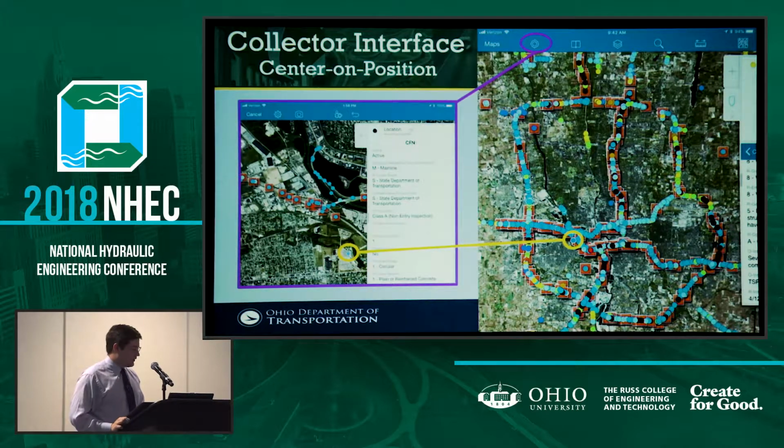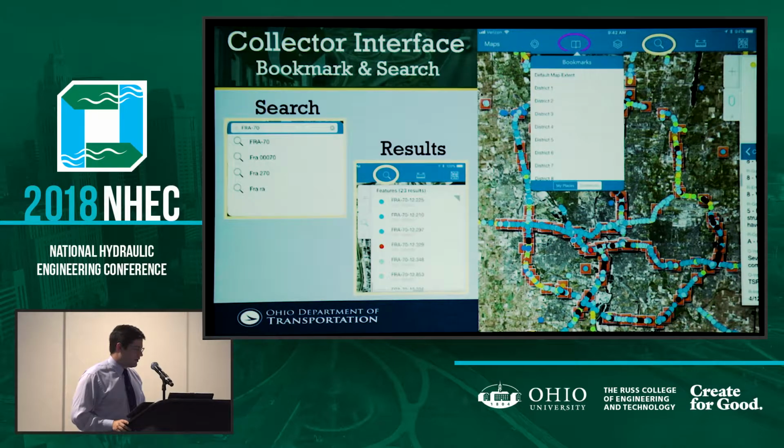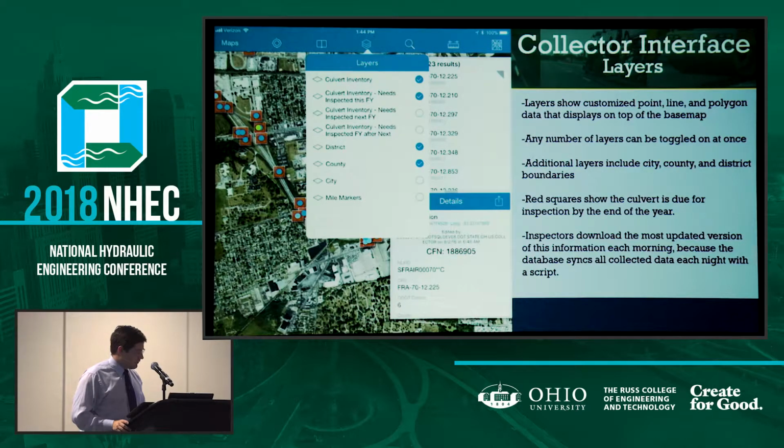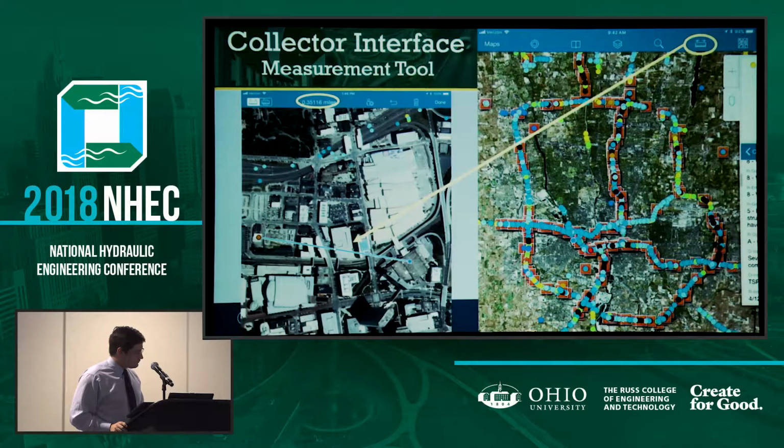Okay, so there's also center on position. I'm just going to show you a couple things that help to aid the inspectors. You can bookmark a location. You can put on extra layers to save time, like that frequency of inspection. So we have culverts that need inspected this year, next year, 3 years from now, so people can get ahead if they want. We've got a measurement tool in there, so you can estimate maybe the length of a culvert.